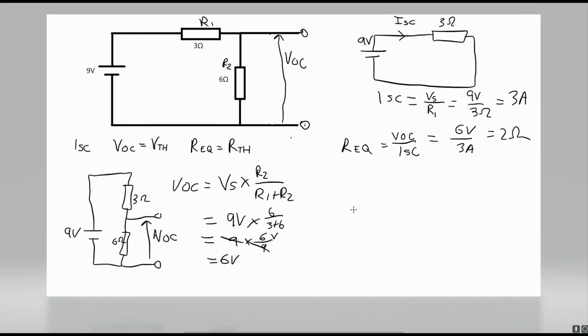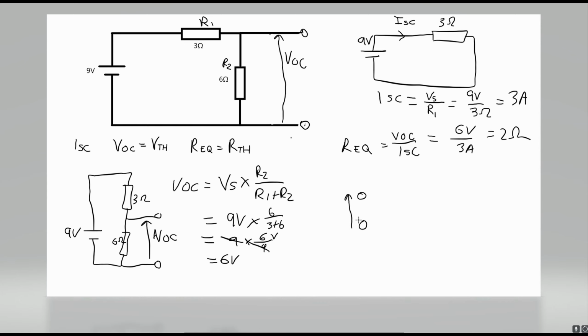Now you've got everything you need to draw the equivalent circuit. So you draw it like this. The way I draw it is just like this, but it can be a cell or whatever, it doesn't really matter.